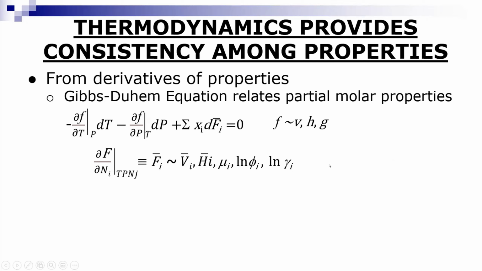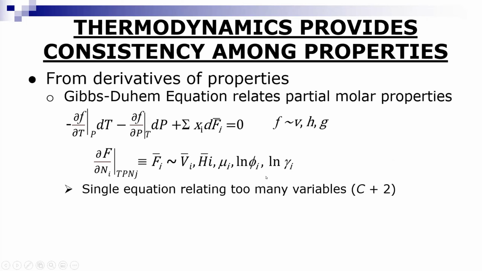And you say, where did this come from? What's going on here? The answer is, if you look at this equation, the number of variables in it is the number of components plus 2.